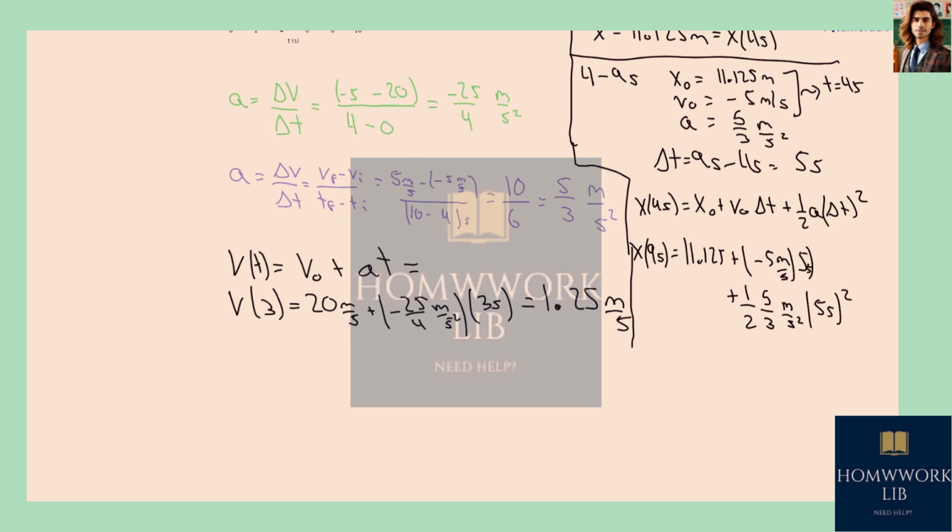Over here, of course, is also 5 seconds. So the final value for the position at 9 seconds would be equal to 6.958 meters, or approximately 6.96 meters. So this would be our final position.